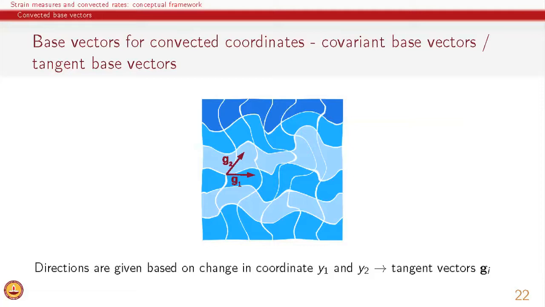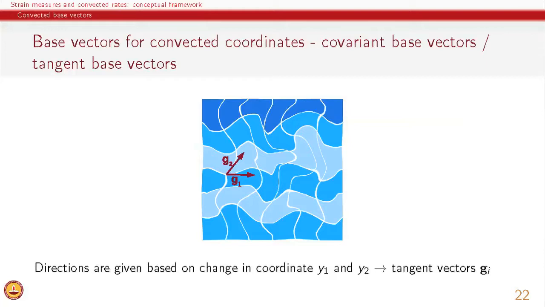Similarly, these are the directions along which y2 changes, and at this particular point this g2 base vector is pointing out the direction in which y2 will change. So, directions are given based on the change in coordinates y1 and y2, and these are also tangent locally, so they are also called tangent vectors.